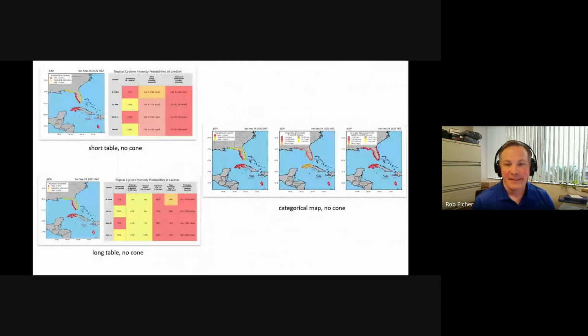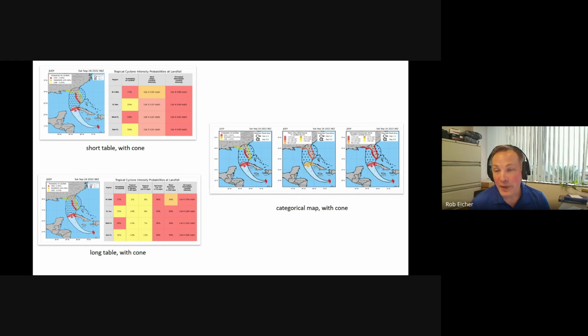Next slide, please. Some of the modifications were simple: the color coding in the table, making the text brighter and easier to read, moving the legend to make it more prominent. But we also heard from our focus group members that it might be easier for the general public if that information was displayed graphically rather than in a table. So we transformed that probability information into a categorical map, and that's what you see on the right.